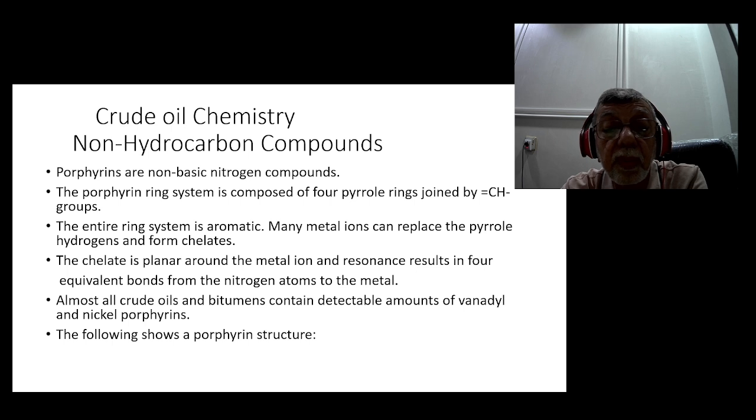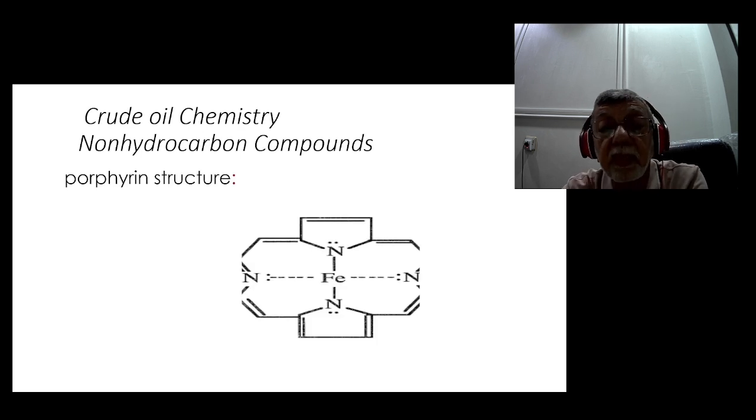Almost all crude oil and bitumen contain detectable amounts of vanadium and nickel porphyrin. The following shows the porphyrin structure, where a metal, here iron, replaces the hydrogen, giving this porphyrin structure.